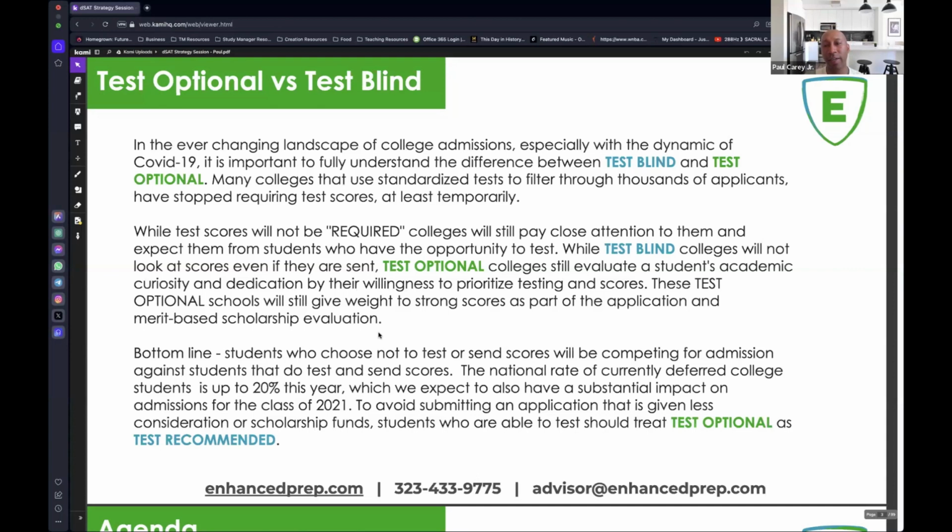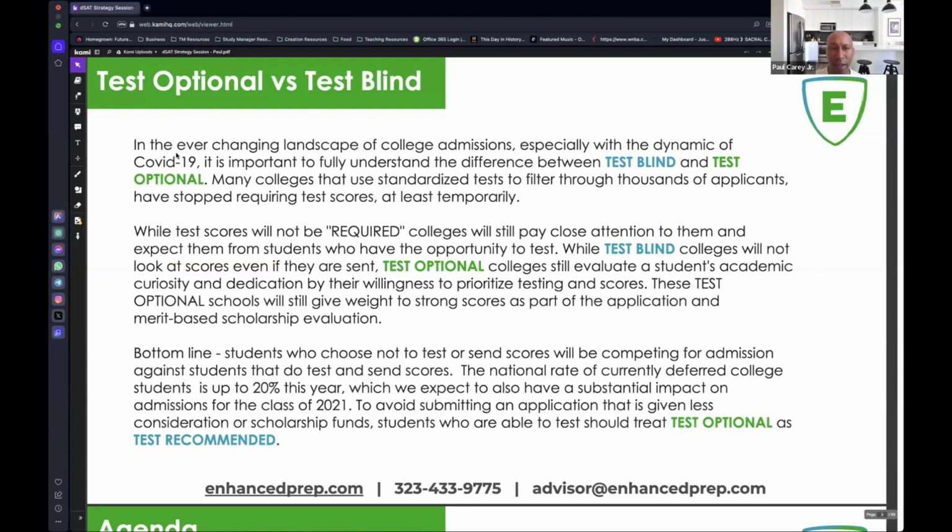Test optional, however, means they actually do look at the test. So if you take the SAT and get a really good score, it's going to help you compared to other students who didn't do as well. Knowing the difference between test optional and test blind is going to be one of the biggest things.